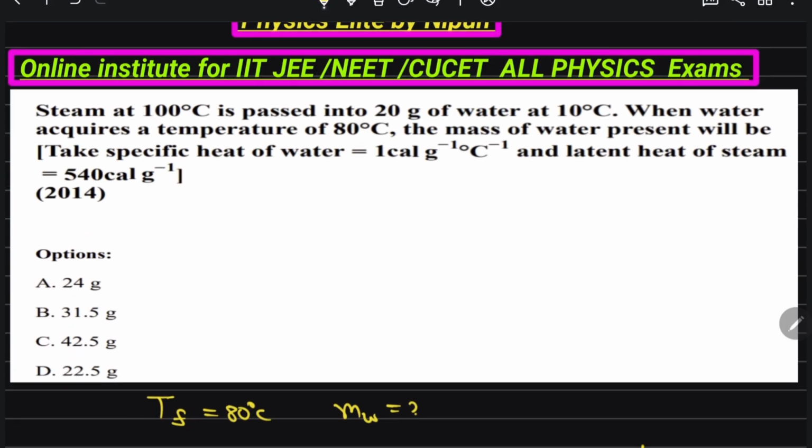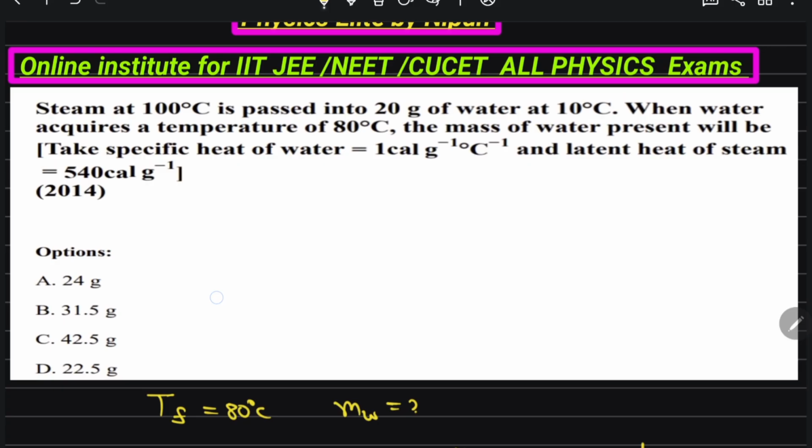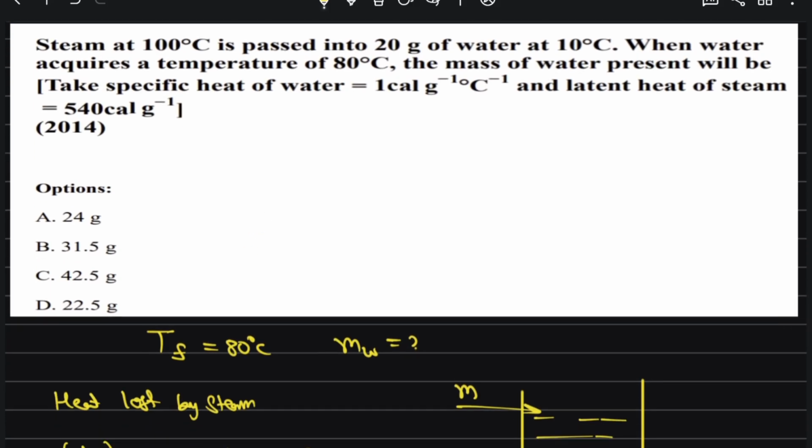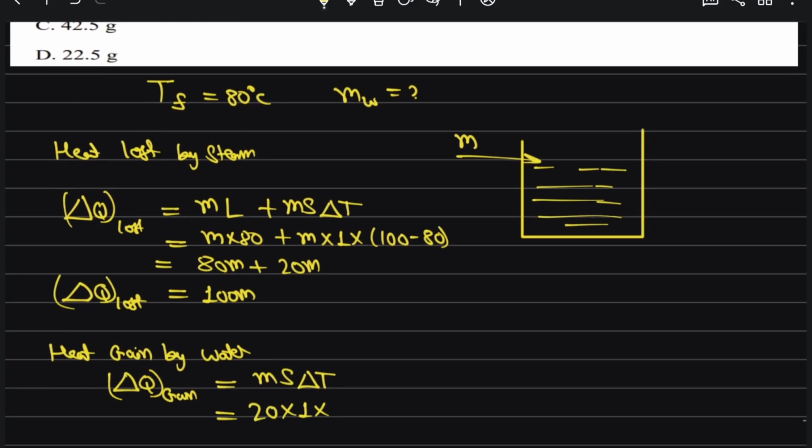Wait a minute, latent heat of vaporization of steam, sorry, this is 540.